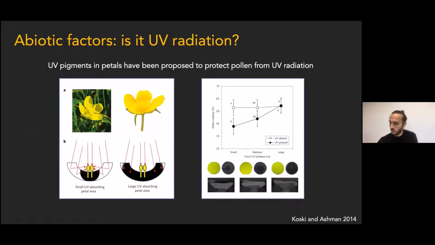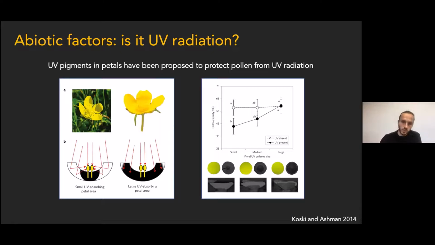UV radiation is kind of an obvious candidate for something that UV patterns in flowers would be important for, because UV radiation can be very detrimental to plant cells as it is to animal cells. And flavonoid glycosides, by absorbing this UV radiation, basically work as a sunscreen, right? So they would protect plant cells.